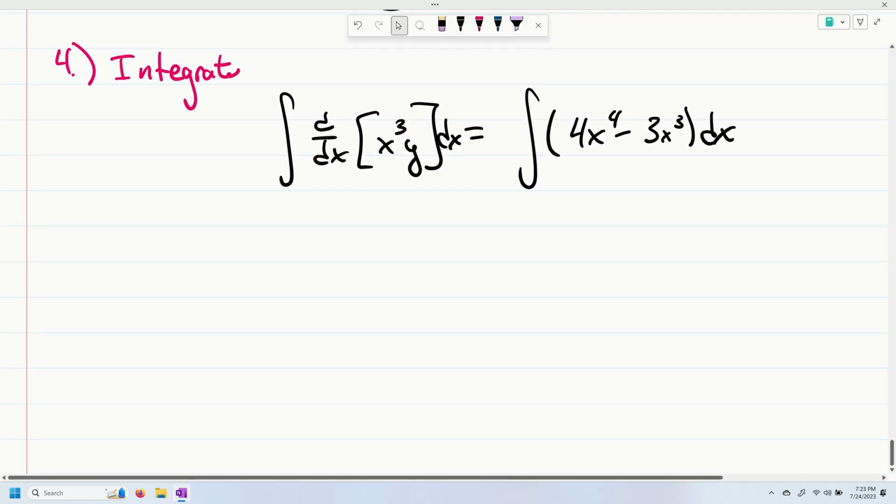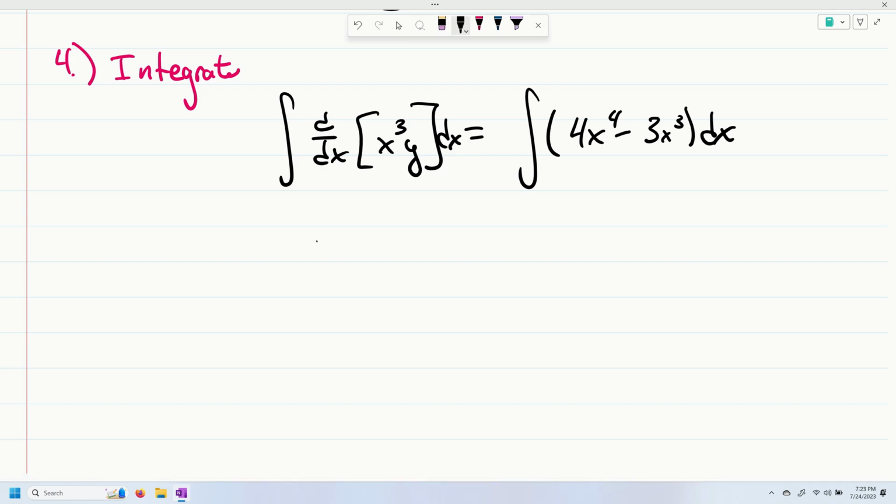On the left-hand side, the differential and the integral, they cancel each other out. So you're just left over with x to the third y equals. On the right-hand side, you're going to get 4 over 5 x to the fifth minus 3 over 4 x to the fourth plus c.